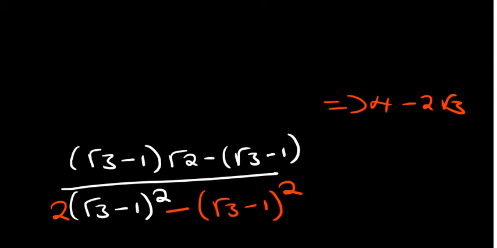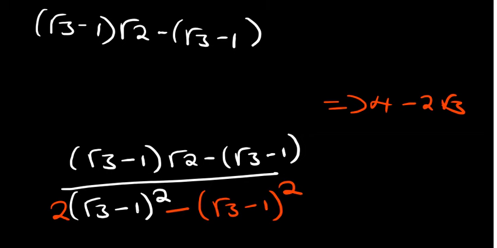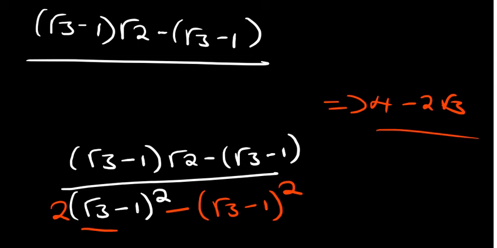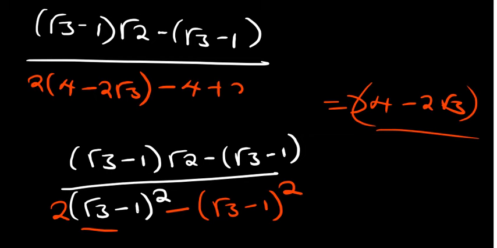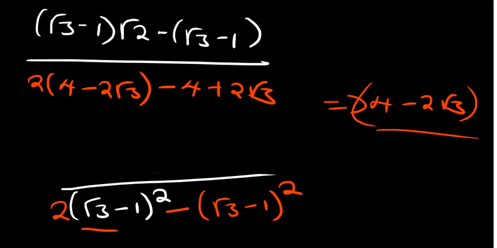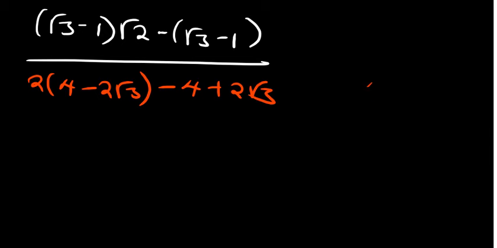So now we have root of 3 minus 1, root of 2 minus root of 3 minus 1 over. So now where we have the squared part, I can put that. So I have 2 multiplied by 4 minus 2 root of 3 minus, so I can distribute the negative to that. So we're going to have a minus 4 plus 2 root of 3. So that is going to become 8. That is going to become what? A 4. Then I can remove a 2.